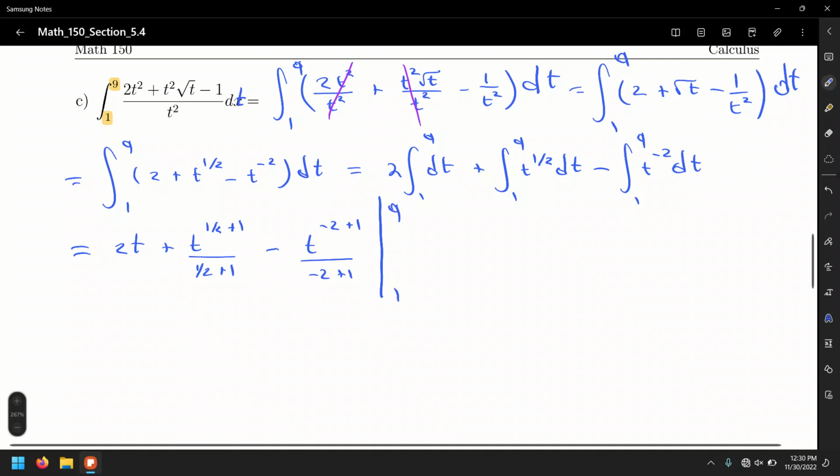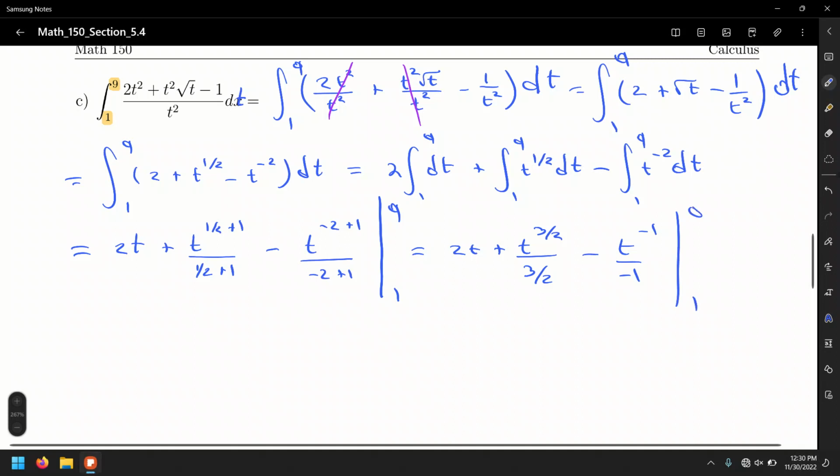Okay? Before evaluating this, how about we do some simplification over here? So that's 2t plus t to the 3/2 over 3/2 minus t to the negative 1 over negative 1. And be careful here with too many negatives going on.